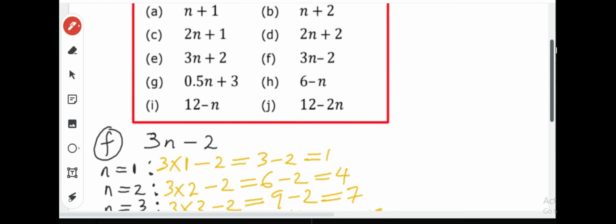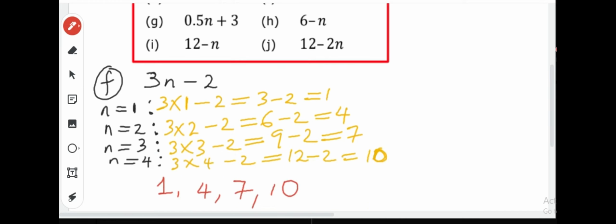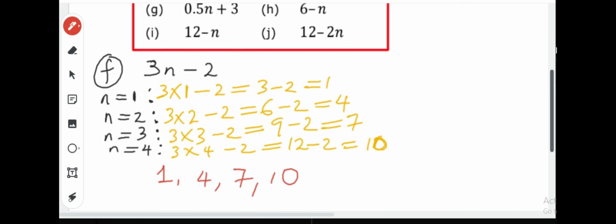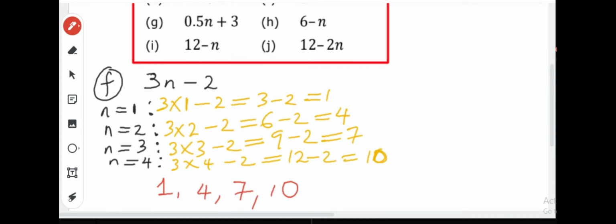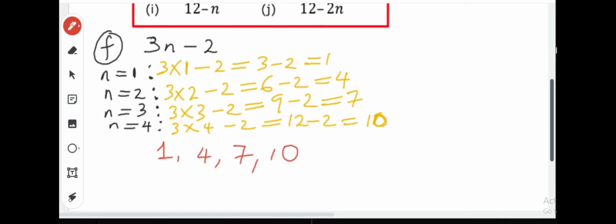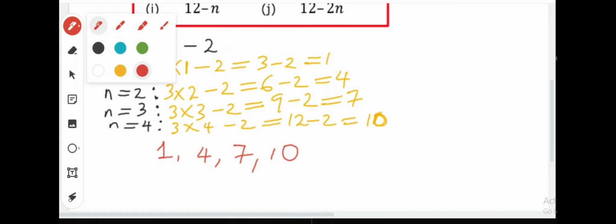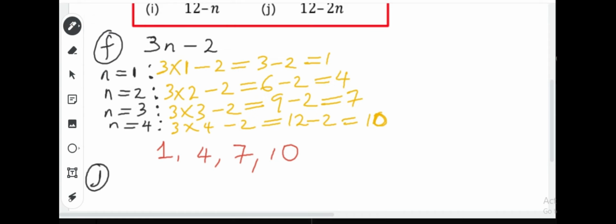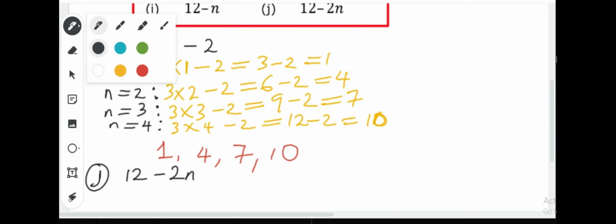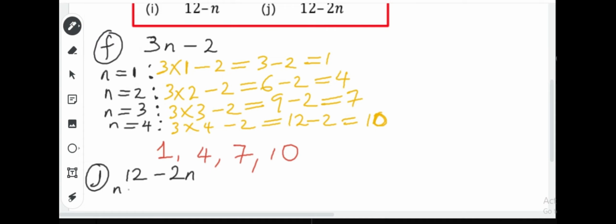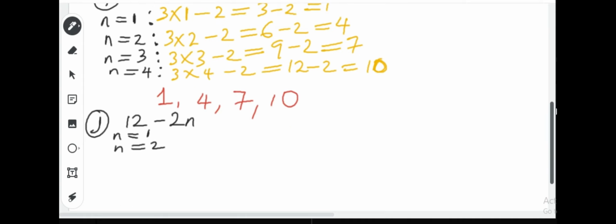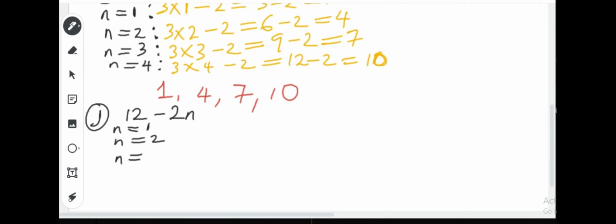So that's the way to do it. Let's look at J, for instance. J says 12 minus 2n. So we also substitute when n is equal to 1, n equal to 2, n equal to 3, and n equal to 4.